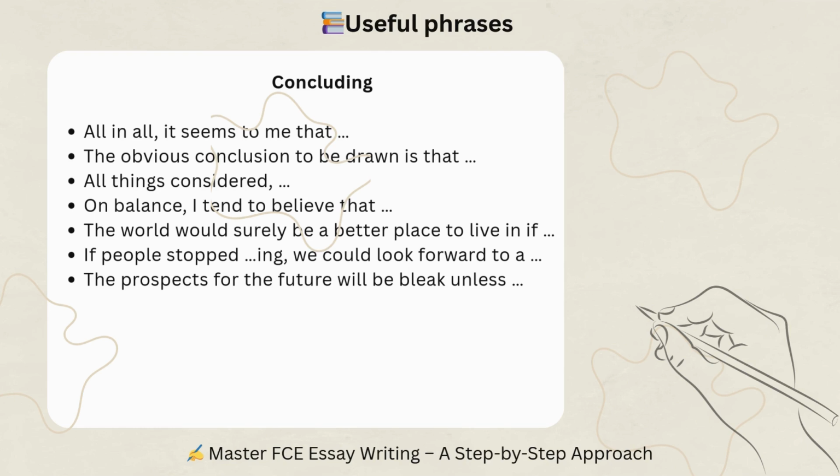And if you want to end on a more impactful or forward-looking note, try something like "the world would surely be a better place to live in if," or "the prospects for the future will be bleak unless." Remember, your conclusion should leave the reader with a clear sense of your opinion and why it matters.